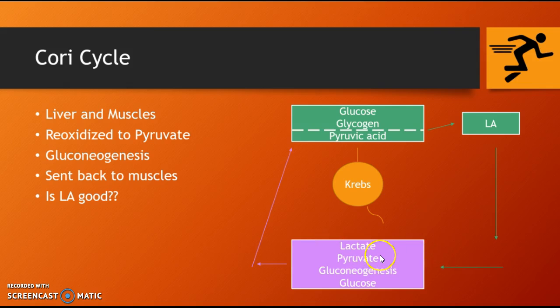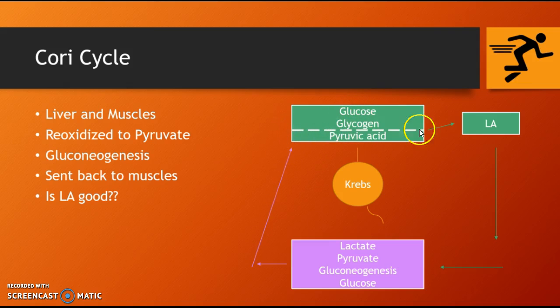Lactate is then reoxidized and turned into pyruvate. From here, pyruvate is then reacted with gluconeogenesis. Gluconeogenesis, reactive energy, basically forms glucose. This glucose is then sent back to the working muscles, so back up here, and then the process starts again.